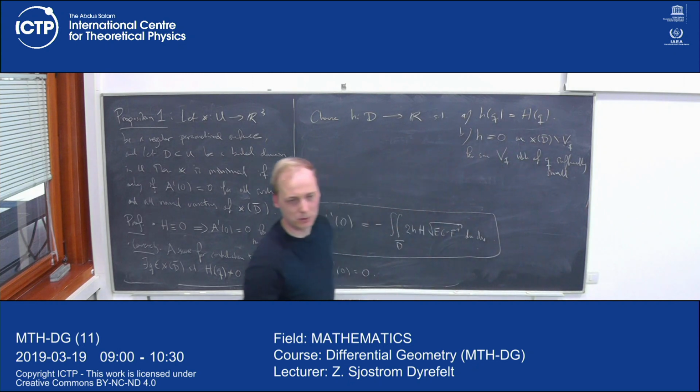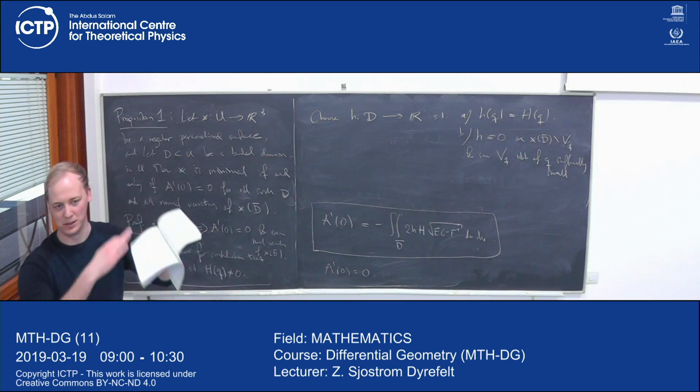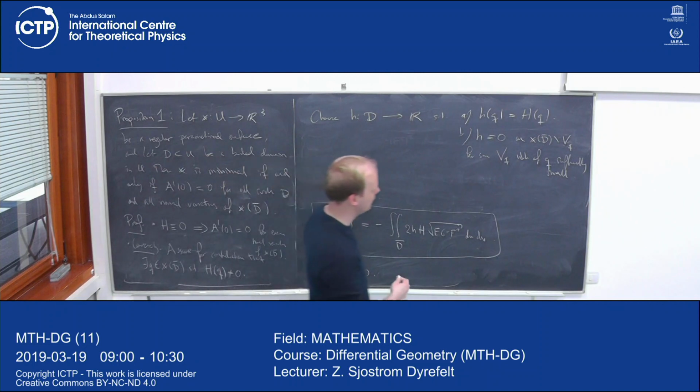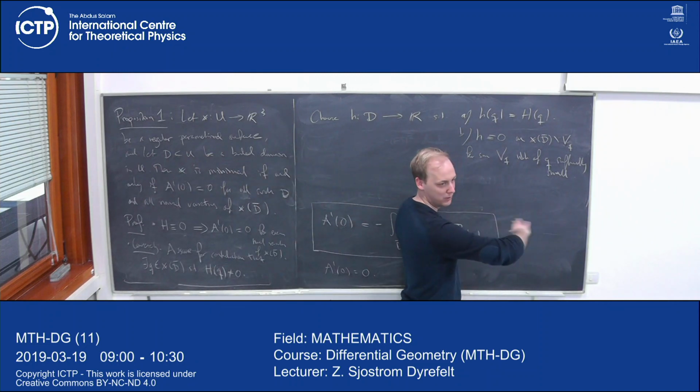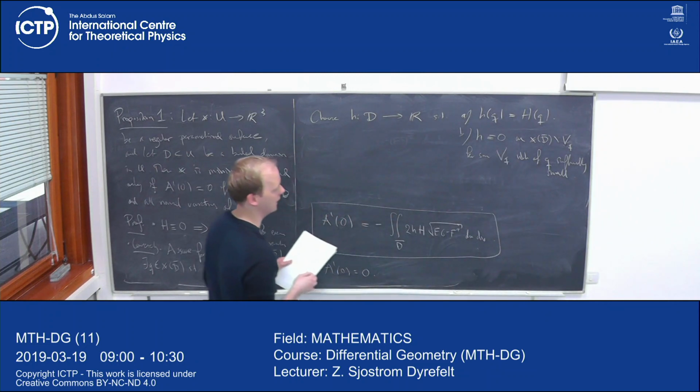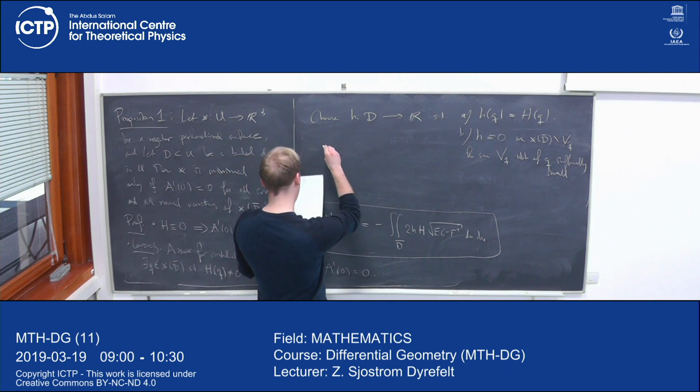So I don't have to write it more precisely like this. You understand what it means. You can fill in the details. So we use such a cutoff function, so it's 0 away from it, and it's equal to big H here.